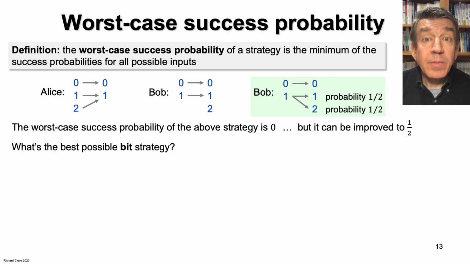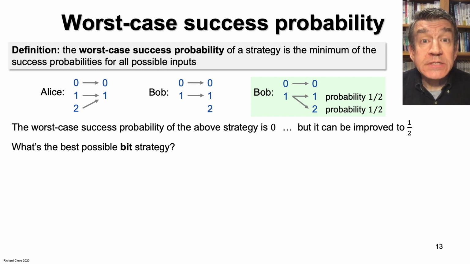By the way, the model here is that Alice can probabilistically map her trit to a bit, and then when Bob receives the bit at his end, he can also probabilistically generate a trit from it. So Alice and Bob can both employ randomness in their strategy, but we assume that they have separate sources of randomness and that their random choices are stochastically independent.